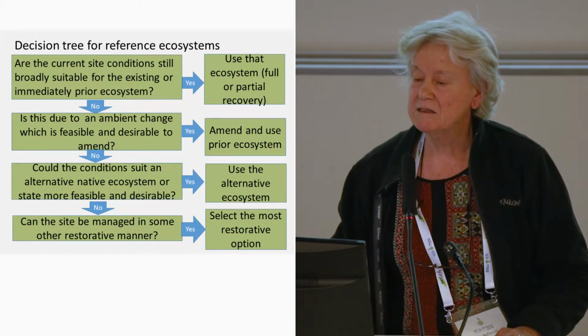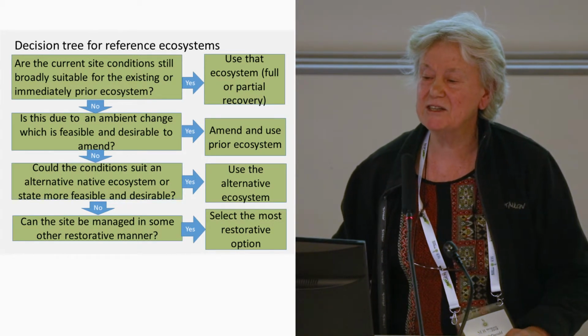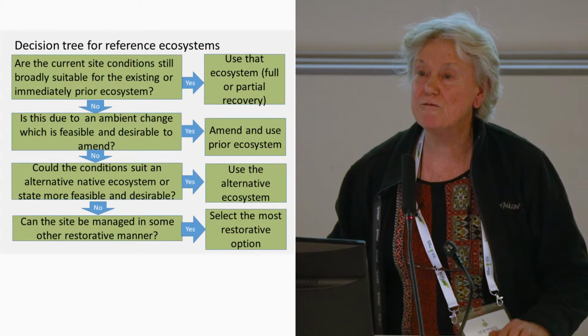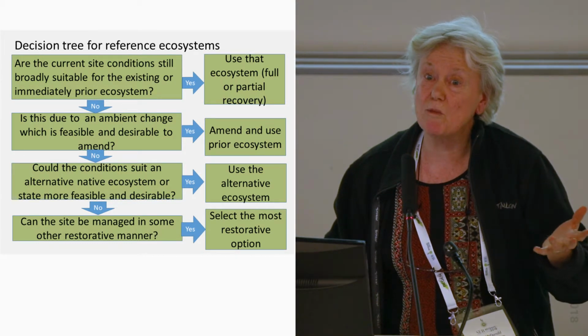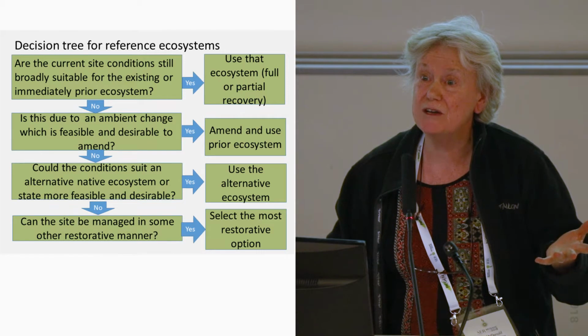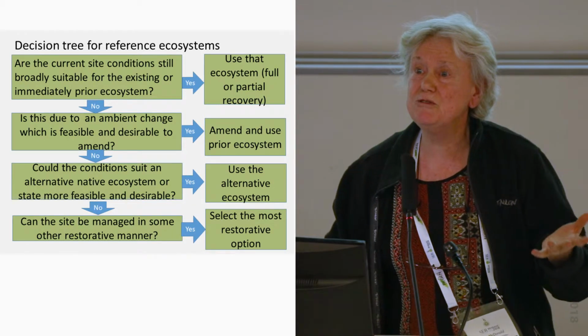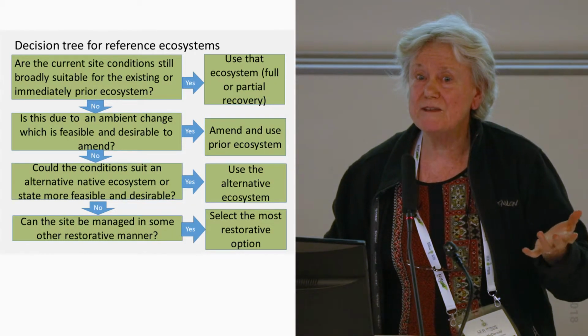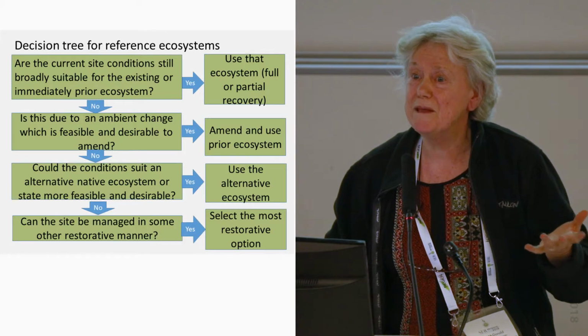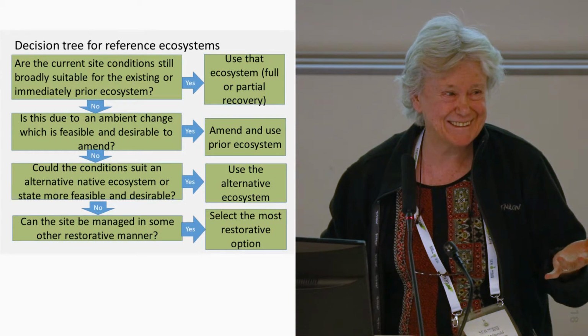It can be. So we ask ourselves, are the current site conditions still broadly suitable for what would be there had the degradation not occurred? If that is the case, then you use the model of the ecosystem that would be there had the degradation not occurred.